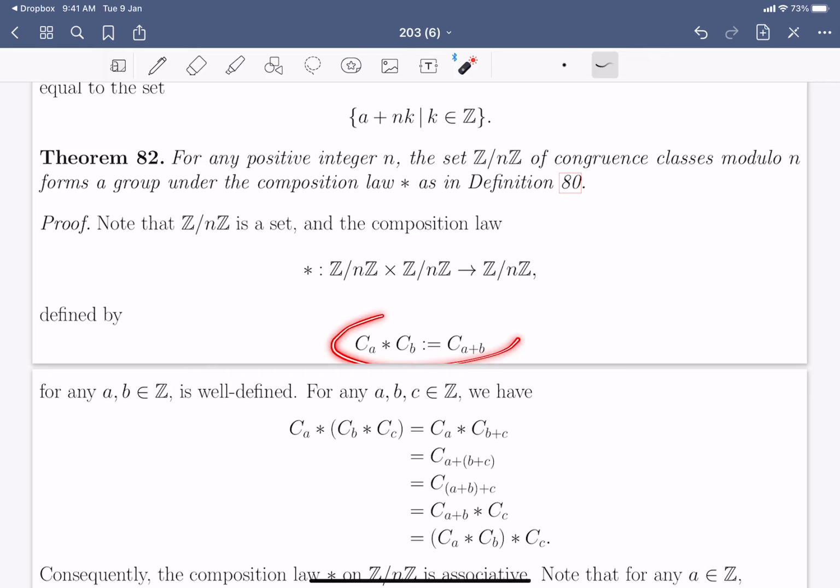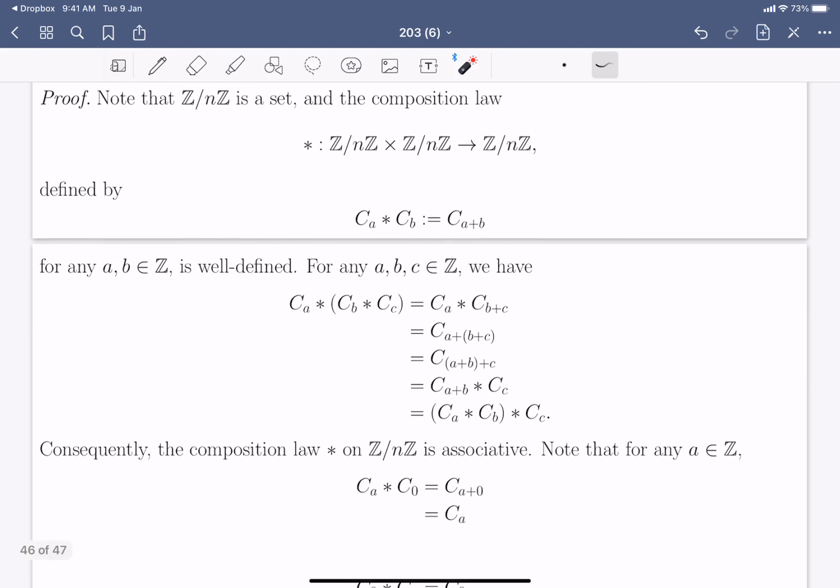And this composition law is defined as follows. Now if we have three elements a, b, c from Z, you can show that associativity holds. It follows from the associativity of the integers.